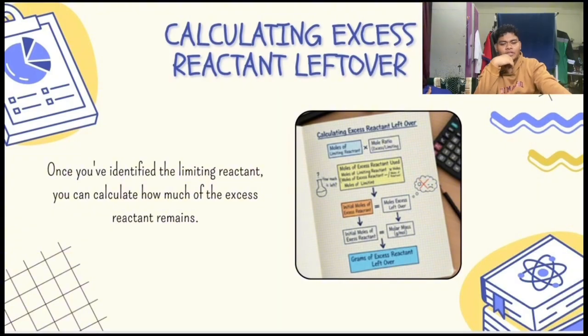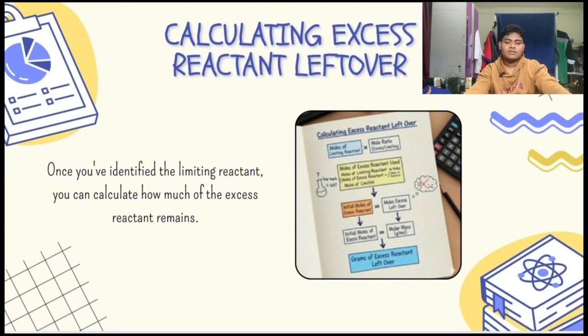First, we use the moles of the limiting reactant to calculate how many moles of the excess reactant are actually consumed, using the mole ratios. Then we subtract the consumed moles from the initial moles we started with. Third, we convert the remaining moles back to grams if required.